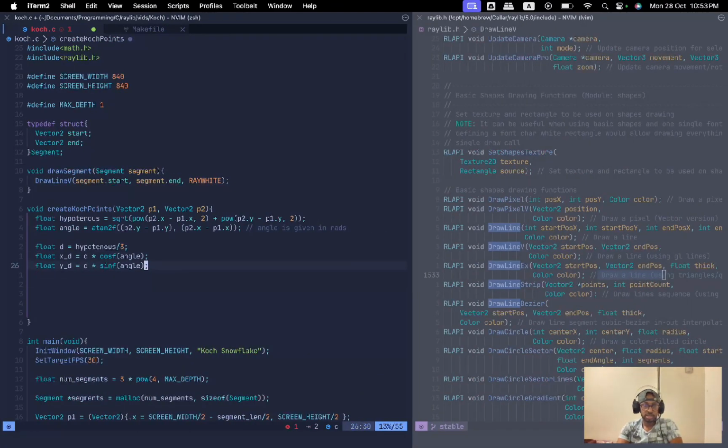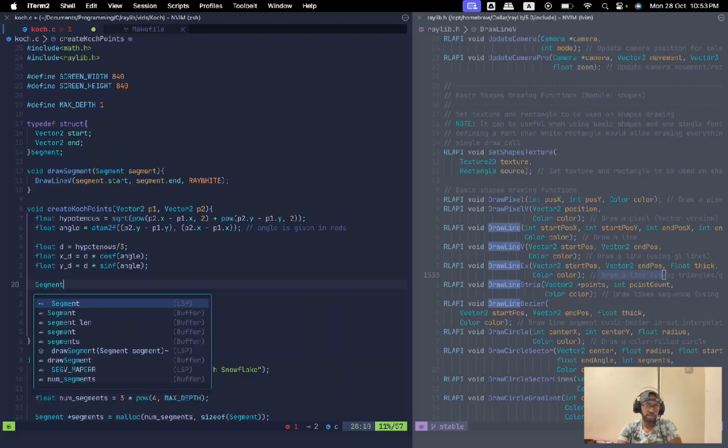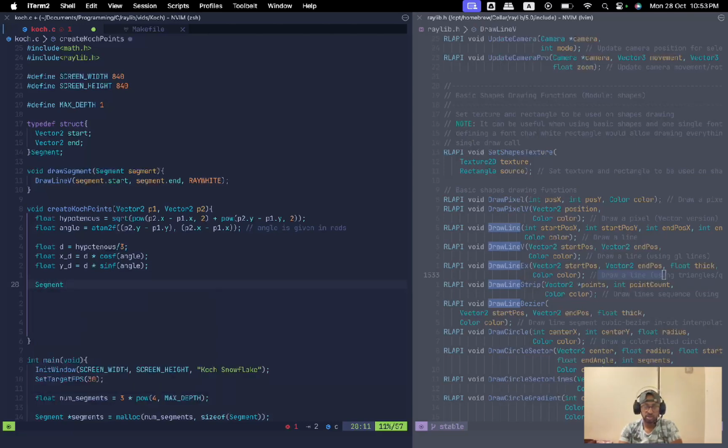So now I can create a vector called P3. It has a dot x and dot y.